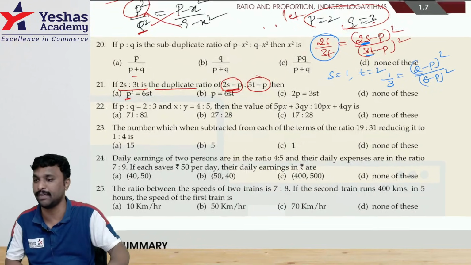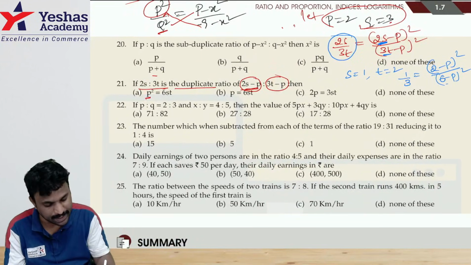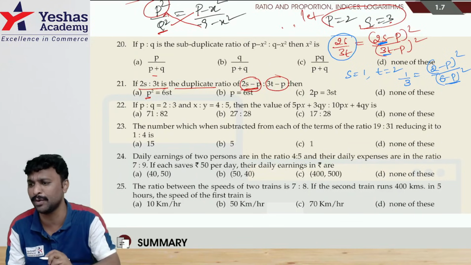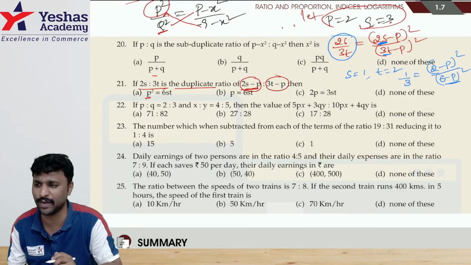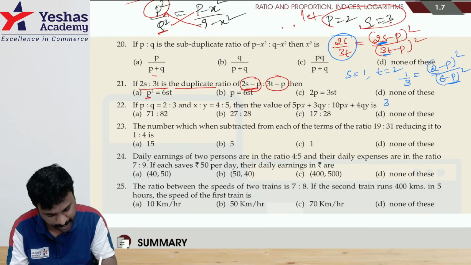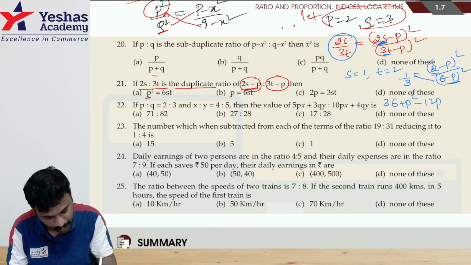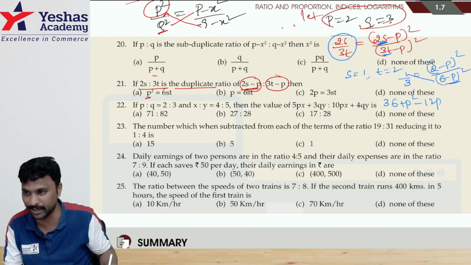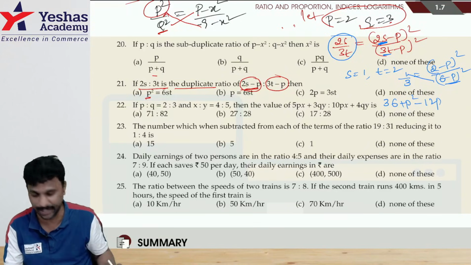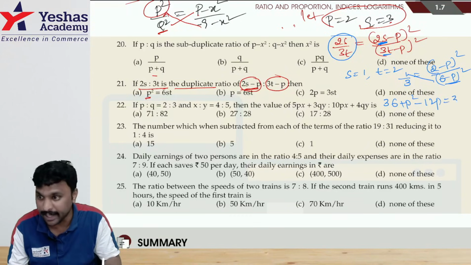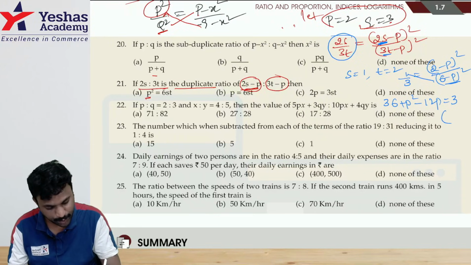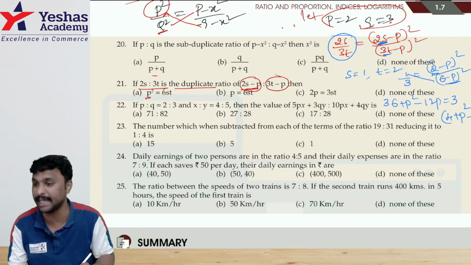Guys, we'll just simplify this and cross multiply it. For 6 minus P the whole square, the formula for A minus B whole square is A square plus B square minus 2AB. That means 6 square is 36 plus P square minus 2 into 6 into P, which is minus 12P. I have cross multiplied, so this goes to the left hand side. On the other side, that is 3 into what we have? 2 square is 4 plus P square minus 2 into 2 into P, which is 4P, because it is 2AB.